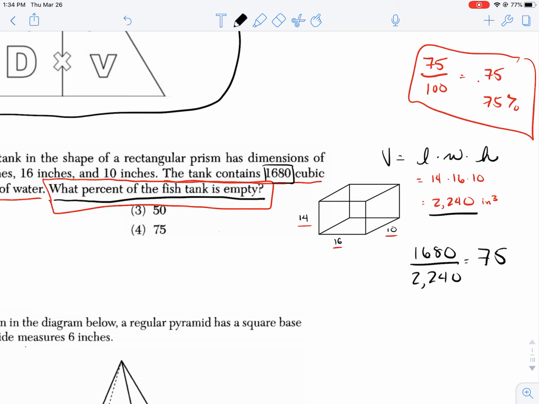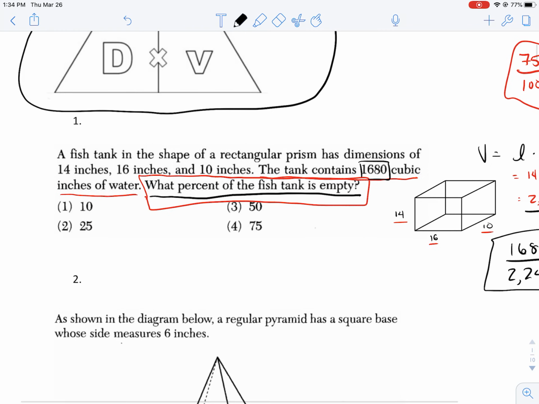And how about that? 75%. Like I knew it was coming. So that is how much water is in the tank. Now don't forget the problem is asking how much of the tank is empty. So if the tank is 75% full, then that means the fish tank is 25% empty.